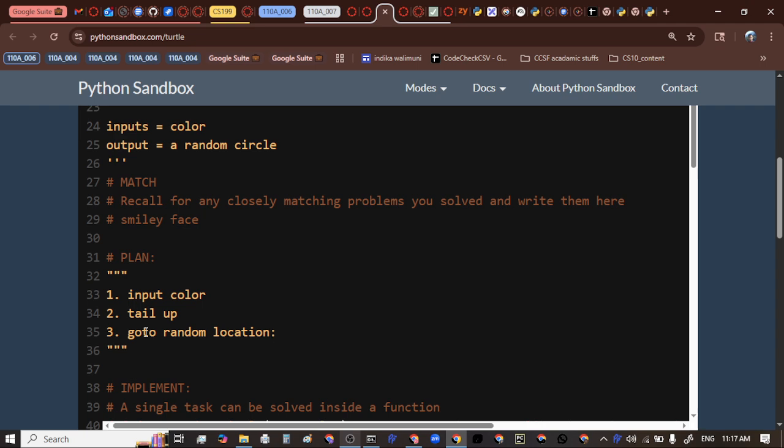Now this I would say a compound step, because we have to go to random location, so you have to generate these two, right?